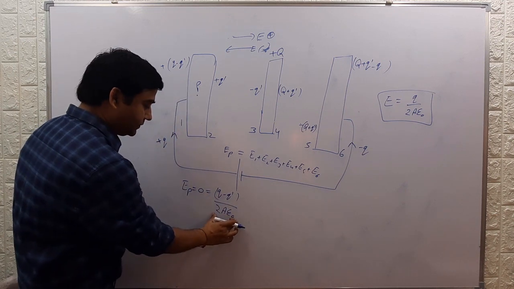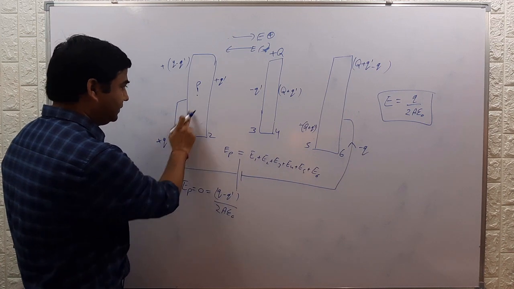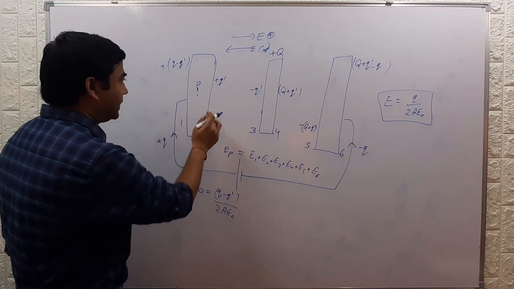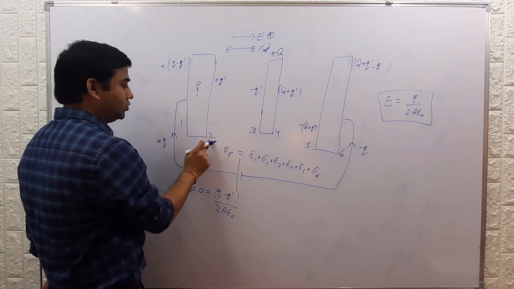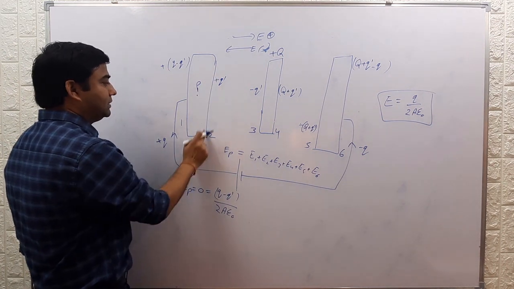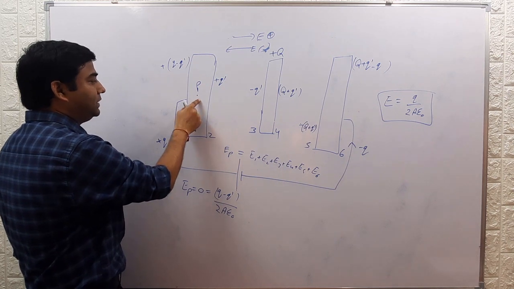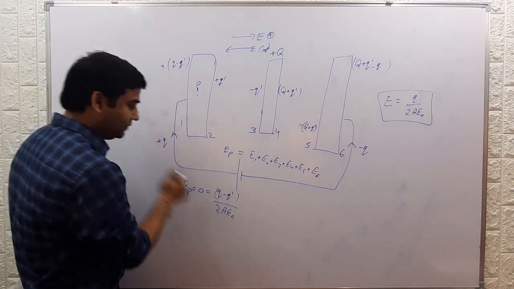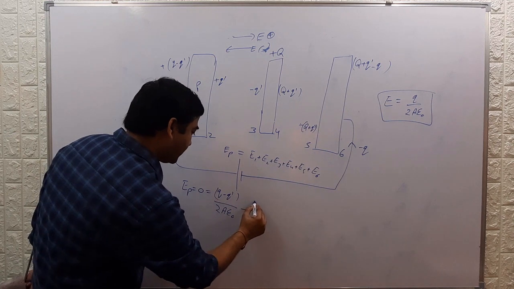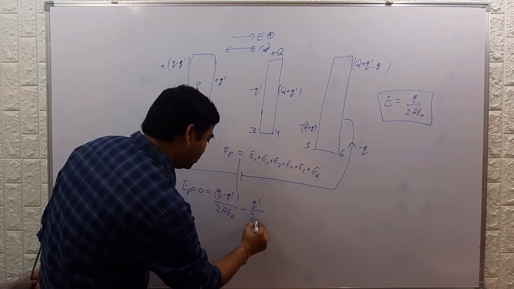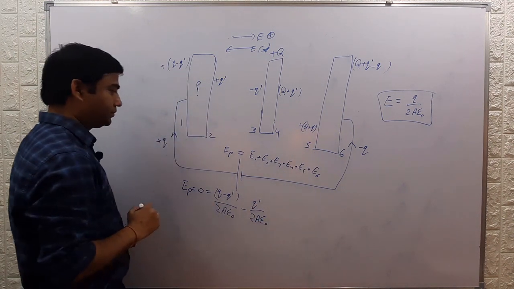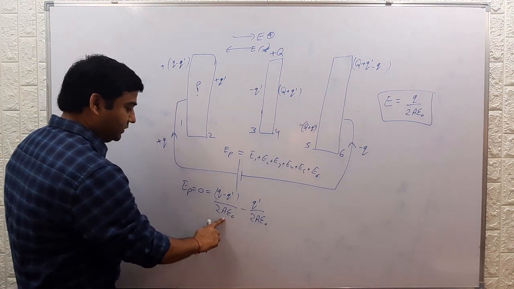This is E1, the electric field at P due to this surface. Now this surface, E2: this is a positive surface, so it will exert an electric field in the left direction, so it will be negative. So this is minus Q dash by 2A epsilon 0. This is E2.